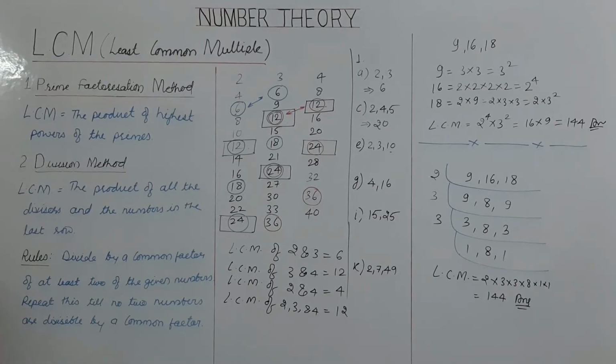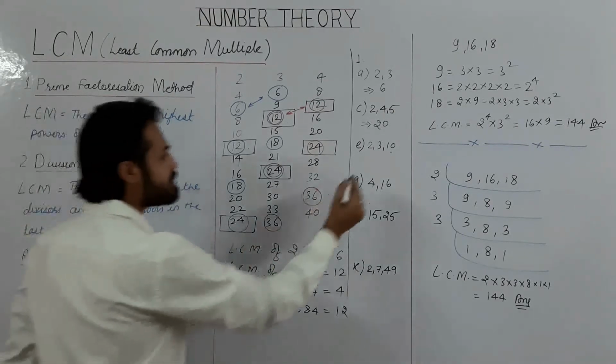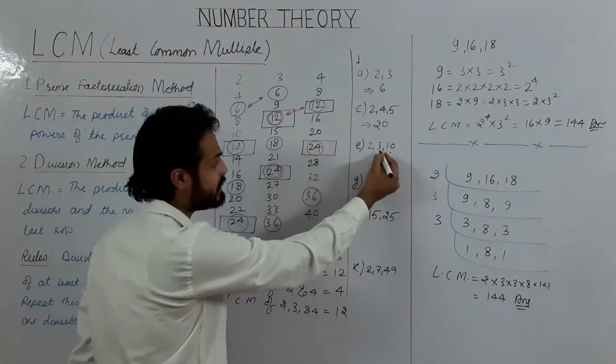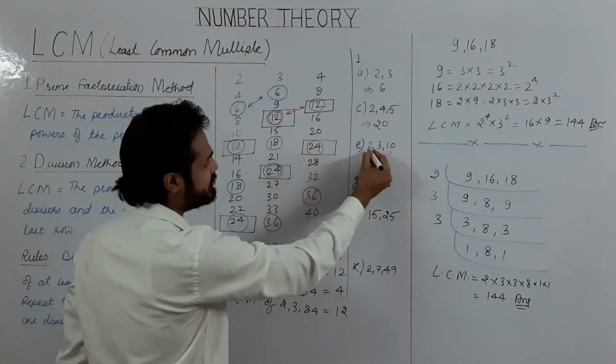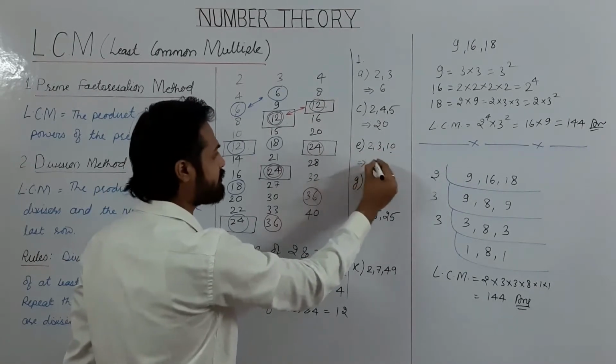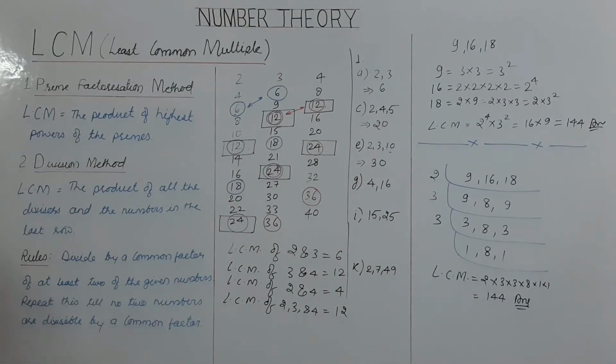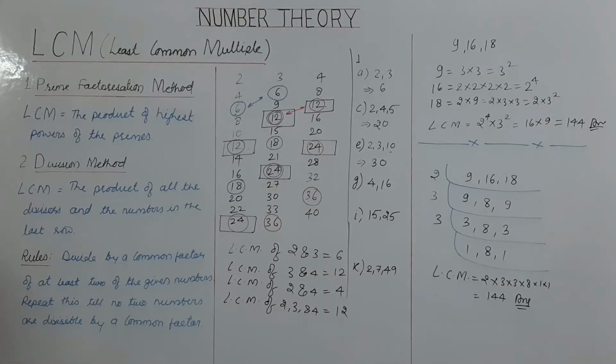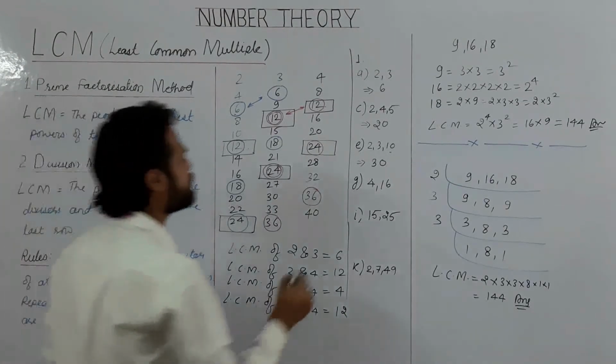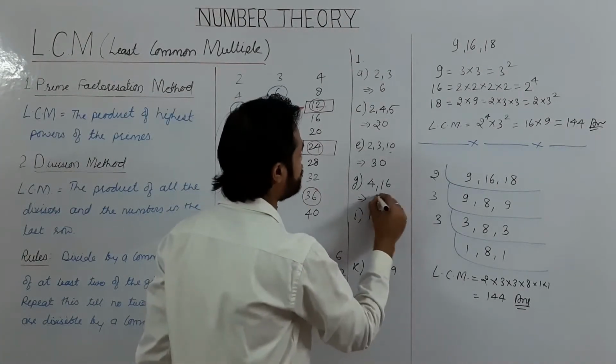Next multiple 30. 30 is a multiple of 10. Yes. 30 is a multiple of 3. Yes. 30 by 3 is 10. 30 is a multiple of 2. Yes. So the answer is 30. Next, 4 and 16. It's a simple problem. 16 is a multiple of 4 and 16 is also a multiple of 16. So the answer is 16.